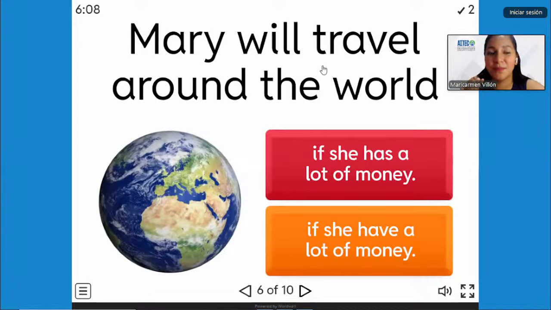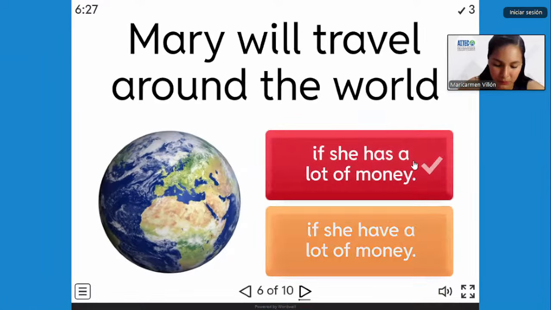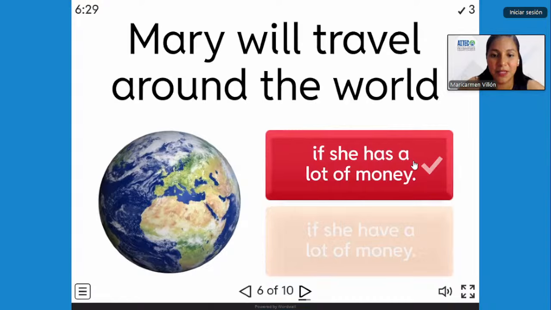El future simple está primero. Está el resultado primero. ¿Cuál es la condición? If she has a lot of money. Recuerden que cuando empieza con el resultado, esta no es dividida por comas. Number 7.